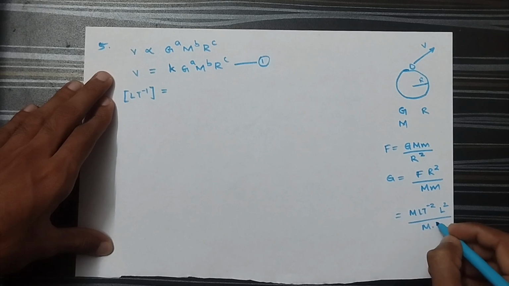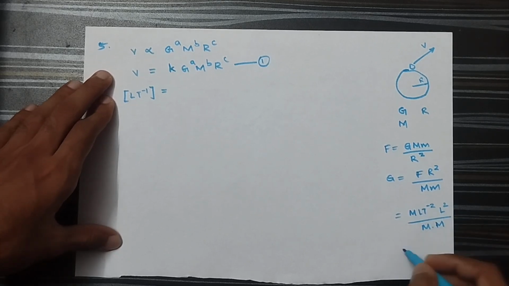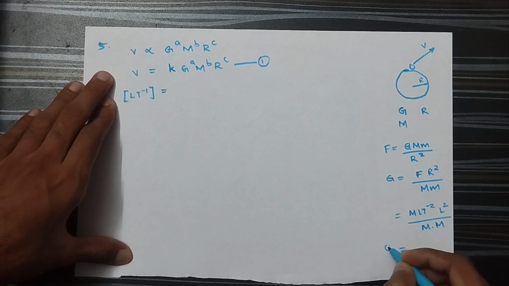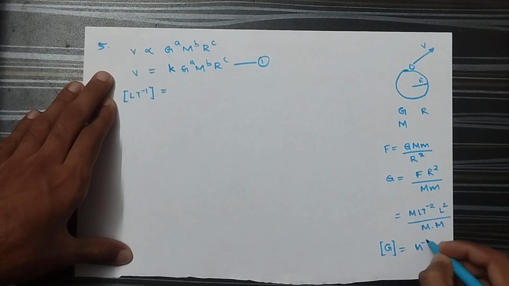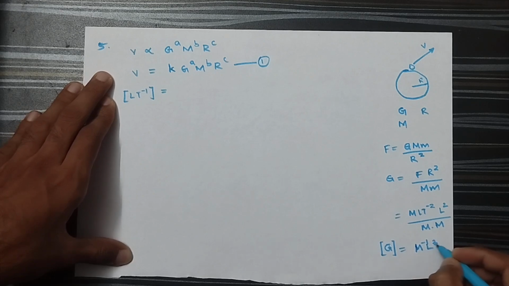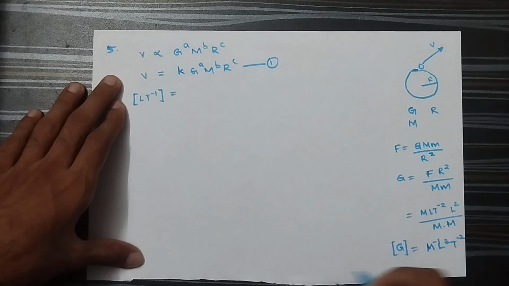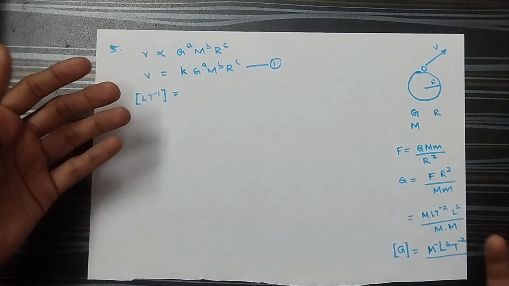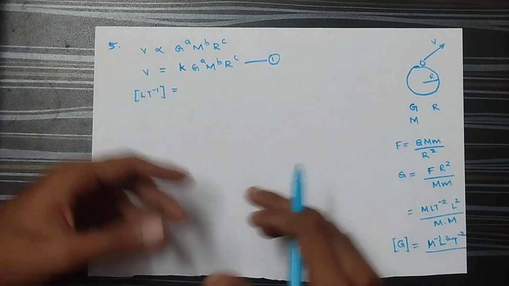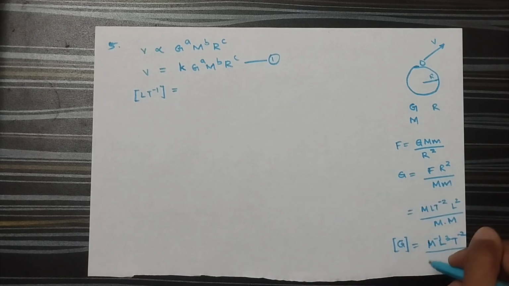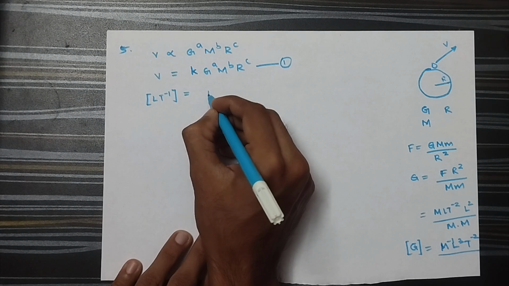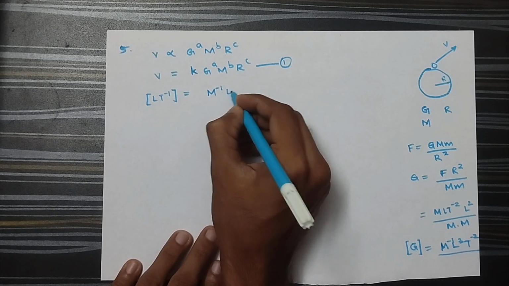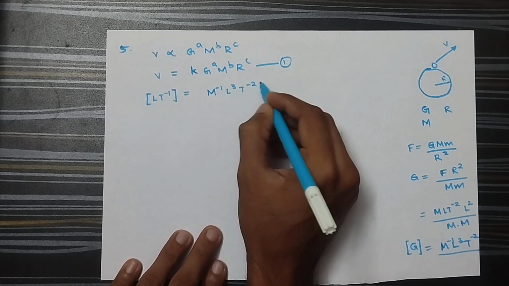Mm is M times M. So if we solve this, we get the dimensional value of G as M raised to minus 1, L cube t raised to minus 2. Okay, so this is how, if we know the relations, it's easy to find the dimensions. So G, we don't write k, it's dimensionless. So G is M minus 1 L cube t raised to minus 2.